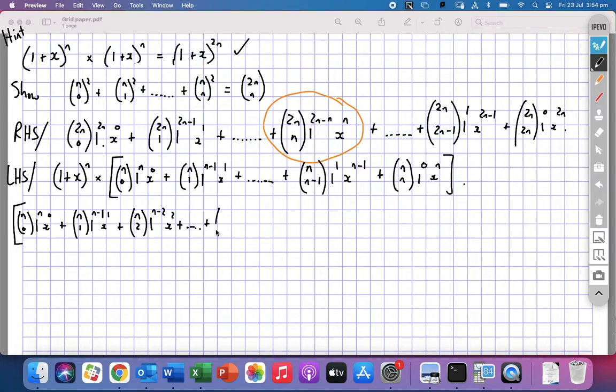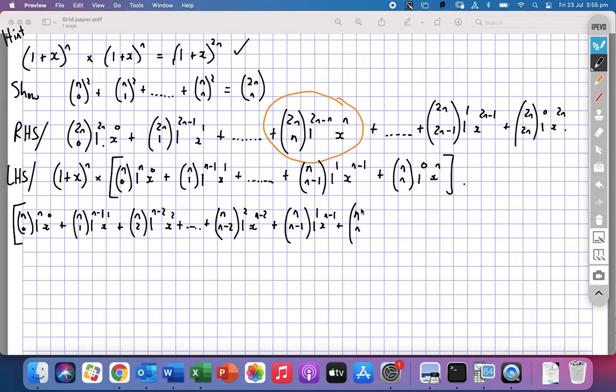Let's see if I can get the last few in. N minus 2, 2, x to the n minus 2. I might run out of room at this point. N choose 1, 1 to the 1, x to the n minus 1. Yeah, I'm not going to fit everything I wanted to fit on here.